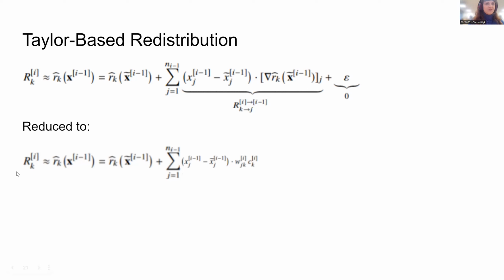Thus we can receive how much relevance from neuron K at layer I should be distributed to the neurons on the lower level.